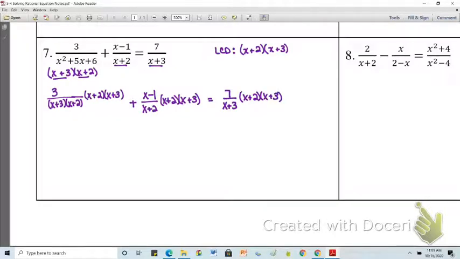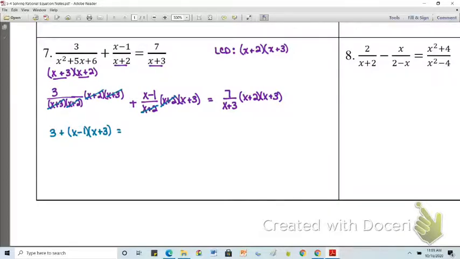So after we write it out, we're going to go ahead and cancel out what we can. So my x plus 3's cancel, x plus 2's cancel, I'm left with 3. X plus 2 cancels, I'm left with x minus 1 times x plus 3. And that will have to be FOILed out.